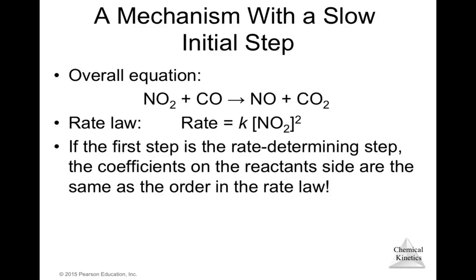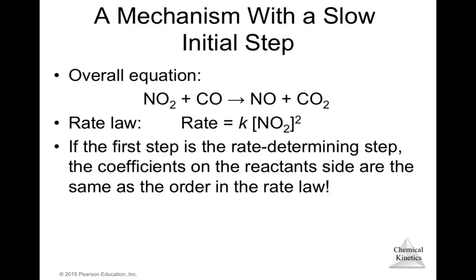So if the initial step is the rate determining step, that initial step is going to dictate the rate of the reaction. That means that this coefficient is basically the stoichiometry of that rate determining step.